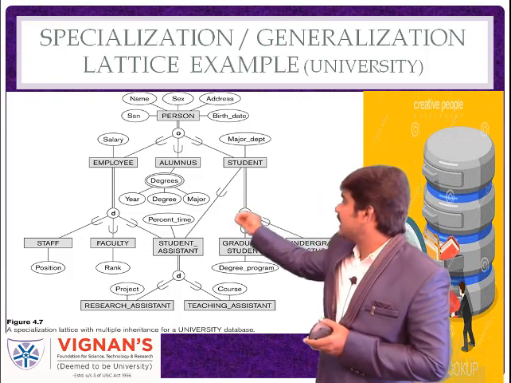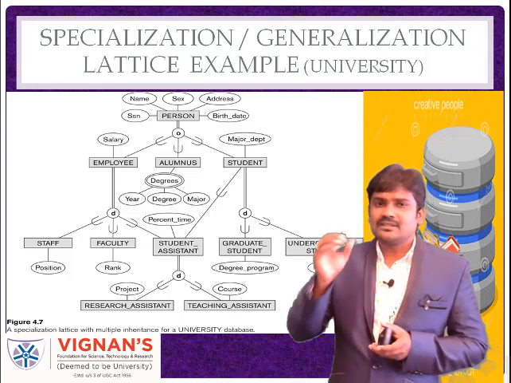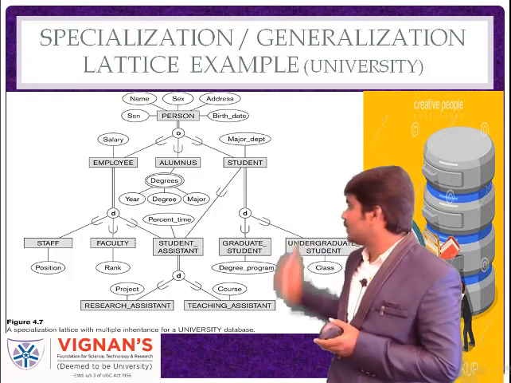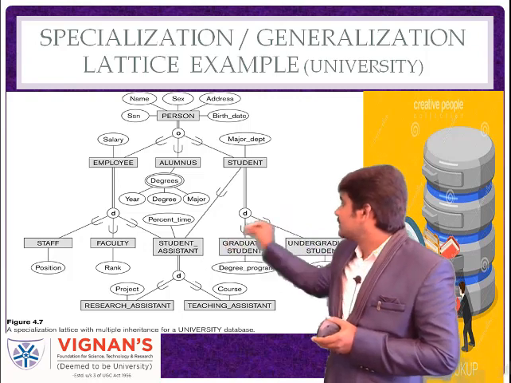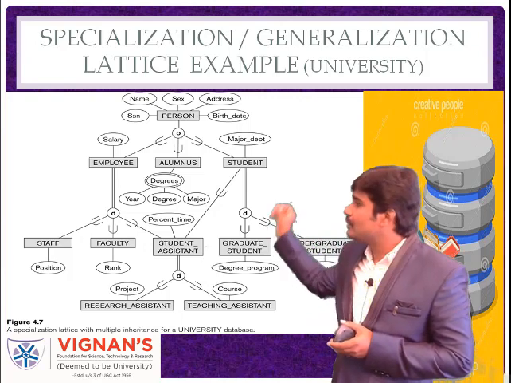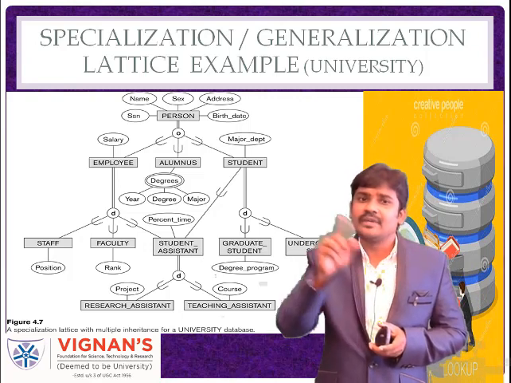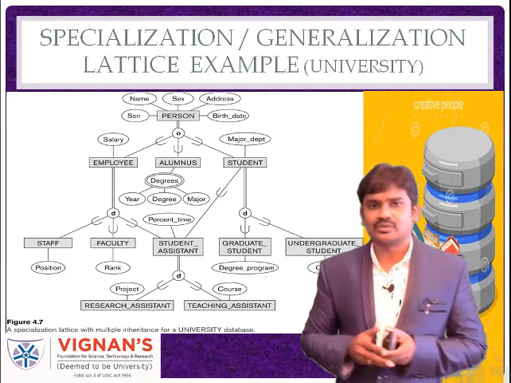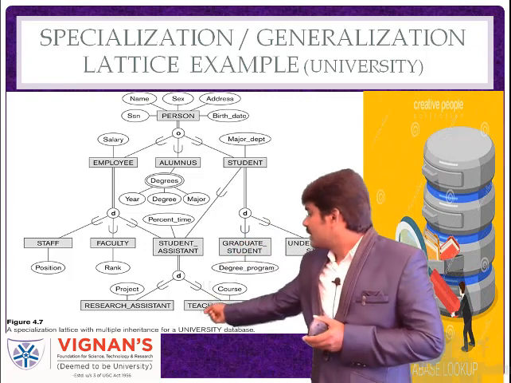The person derives three subclasses with overlapping total: employee, alumnus, and student. Overlapping total means an employee may be an alumnus or an alumnus may be an employee, and these subclasses have their specific attributes. Again, the employee derives three more subclasses.